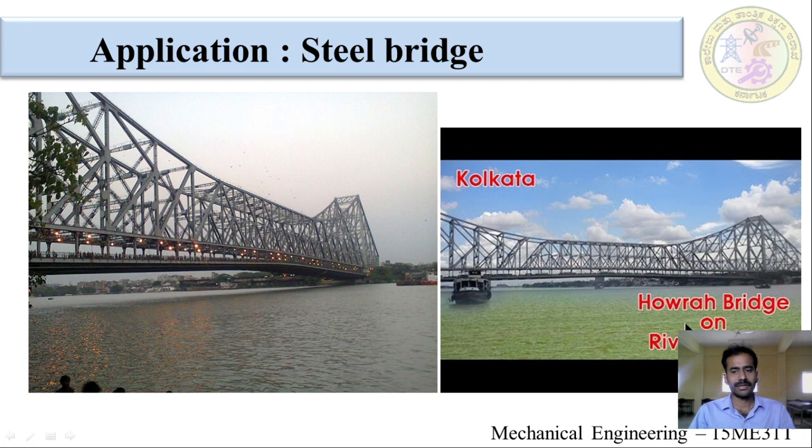And the famous bridge in Kolkata, the Howrah Bridge, is also constructed with the help of steel material, including steel beams and columns. It is a steel bridge built across the river Ganga.